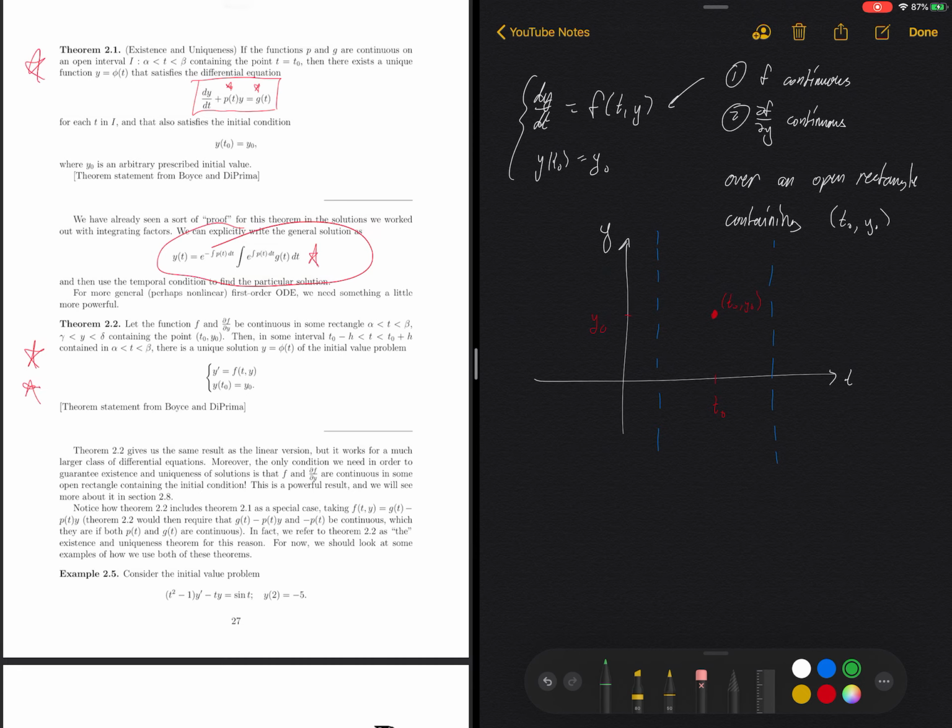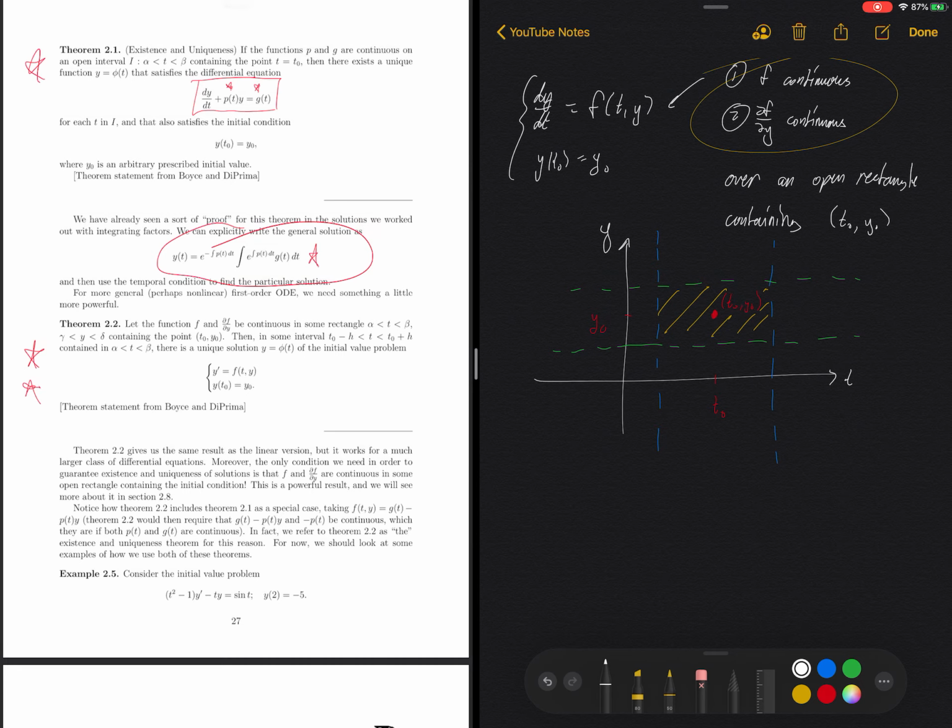What I would like to guarantee is that there is some open interval around t0, and some open interval around y0, and this rectangle needs to guarantee that both f and partial f partial y are continuous in that rectangle.